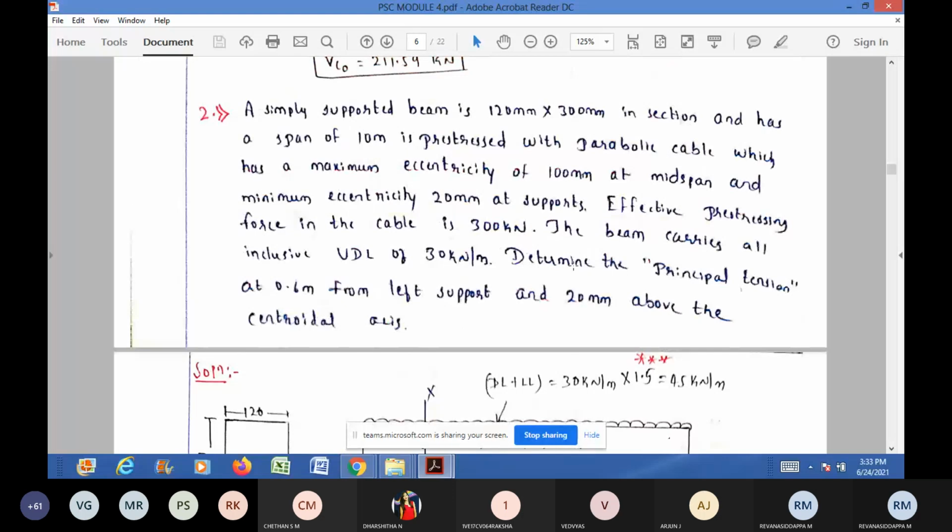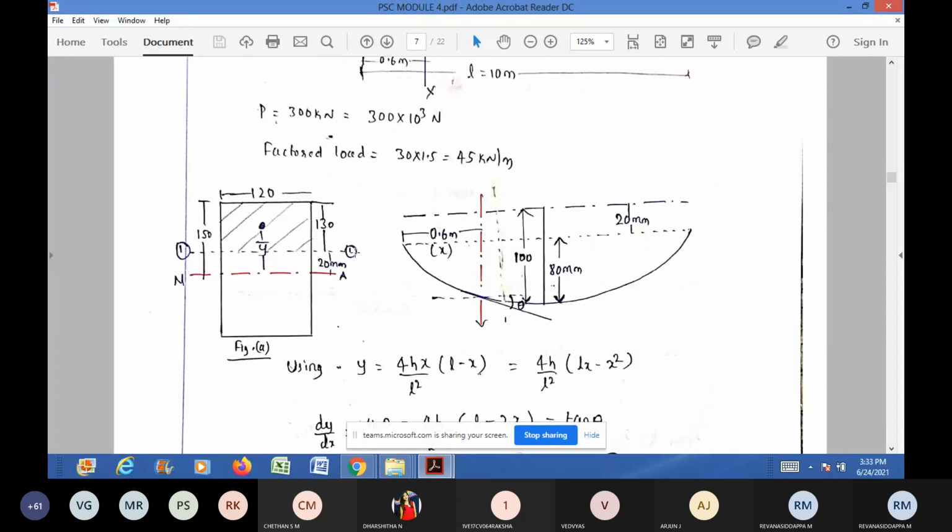Determine the principal tension at 0.6 meter from the left support and 20 mm above the central axis. You draw an axis at 20 mm above the neutral axis, and whatever area remains above that axis, you do the shading. While calculating AY bar, you need to calculate the moment of this shaded area about the neutral axis.